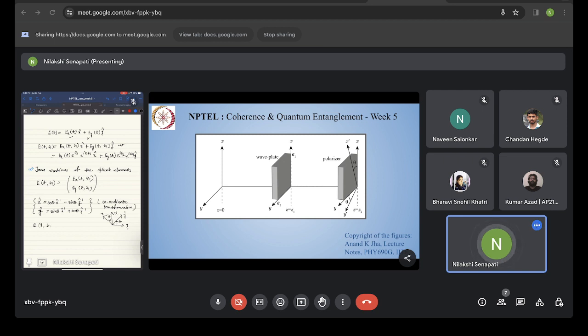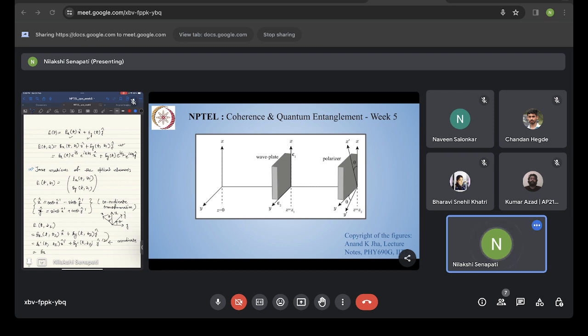So E(t, z2) now becomes E_x(t, z2) x cap plus E_y(t, z2) y cap, which is E_x dash(t, z2) x dash plus E_y dash(t, z2) y dash, because now this is our coordinate and we need to write it in terms of sin theta, cos theta, like we need to do this transformation.